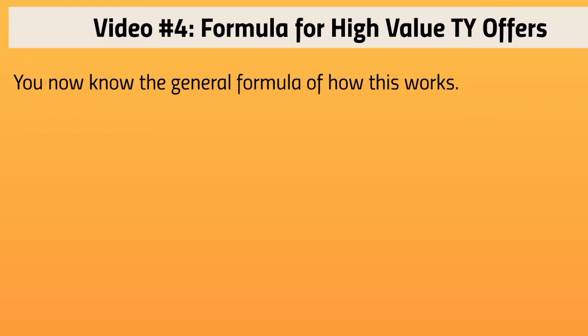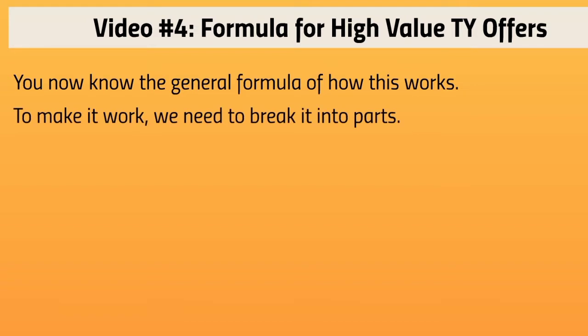Because as a vendor, a lot of times we think, okay, if I'm going to share my list with you, or give something to you, and you're selling the exact same thing as me, then you're just going to steal my list. So you really have to think about how you can offer something of value, but not in direct competition, if that makes sense. To make this work, you really need to break it into parts.